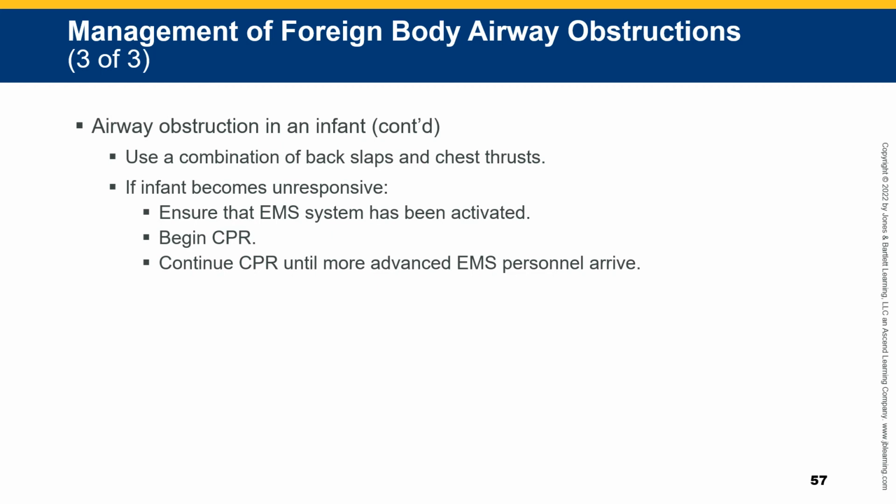Repeat the back slaps and chest thrusts until the foreign object is expelled or until the infant becomes unresponsive. If the infant becomes unresponsive, continue with the following steps. Assure that more advanced help has been called or the EMS system has been activated, and begin CPR and continue that CPR until more advanced EMS personnel arrive.